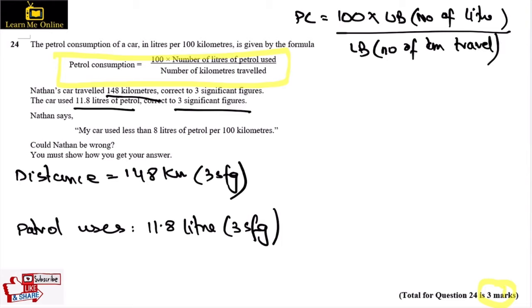Remember that because we are finding the greatest possible value of the petrol consumption, we divide the upper bound by the lower bound to get the maximum value.